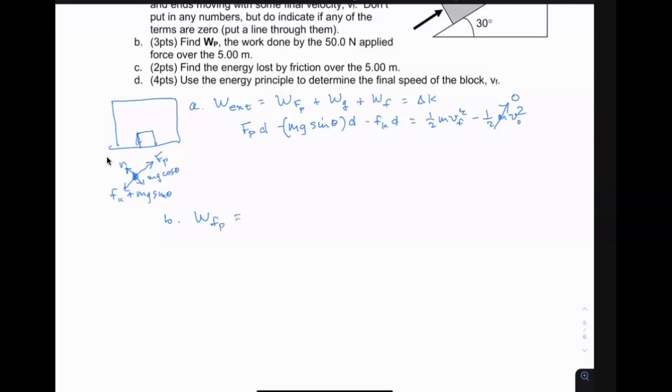That's equal to F sub P times D, which is equal to 50.0 newtons times the displacement 5.00 meters. And that's then 250 joules.